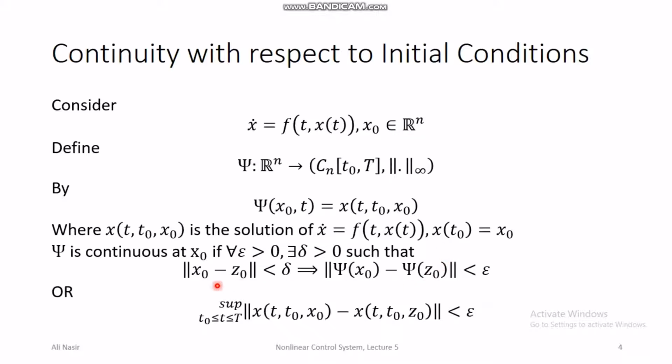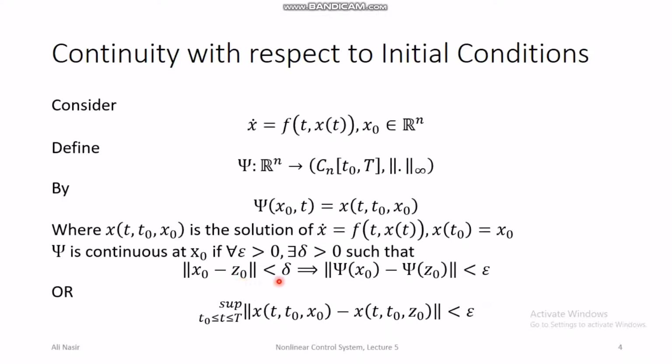This is a very important and useful concept to have in your knowledge, because if you can somehow characterize the upper bound on the difference between the two trajectories given the upper bound on the difference between the initial conditions, that can be used for many different purposes.